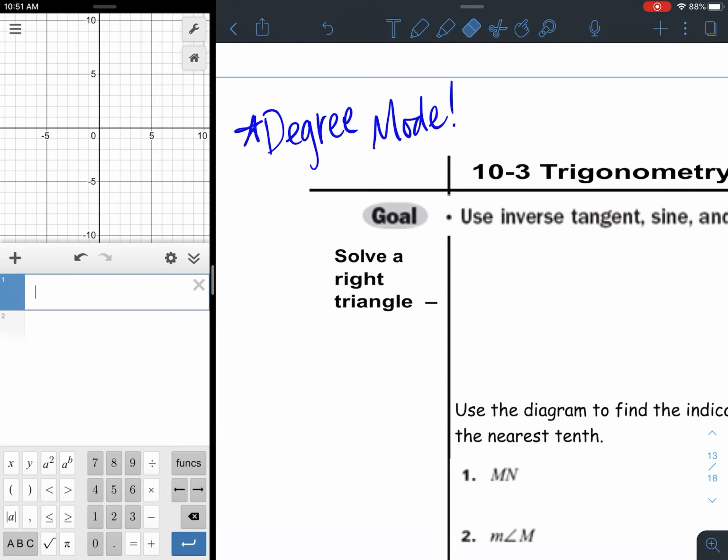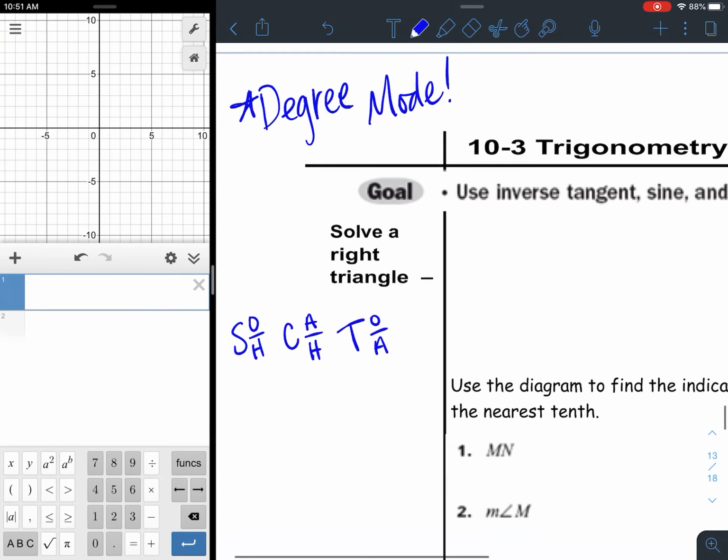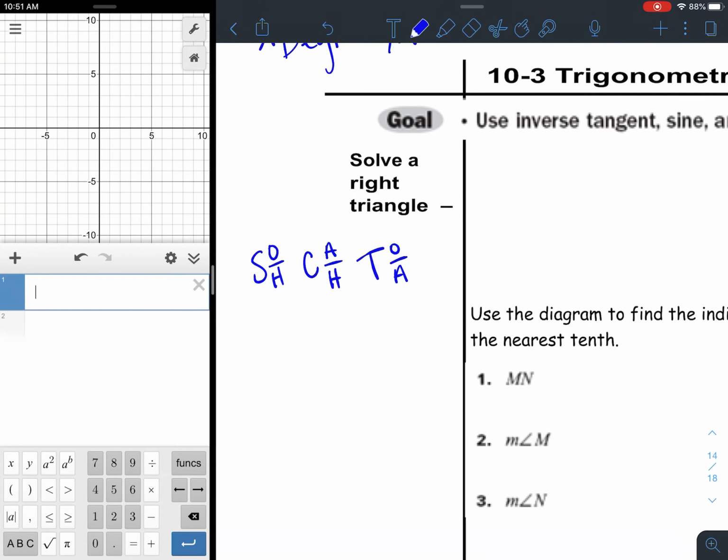Okay, also our trig ratios. We have sine is opposite over hypotenuse, so SOH-CAH-TOA. Cosine is adjacent over hypotenuse, and tangent is opposite over adjacent. As we did on Wednesday's material, we used our trig ratio, so let's take sine for example, and we put in sine of our angle measure and then our sides, opposite over hypotenuse.